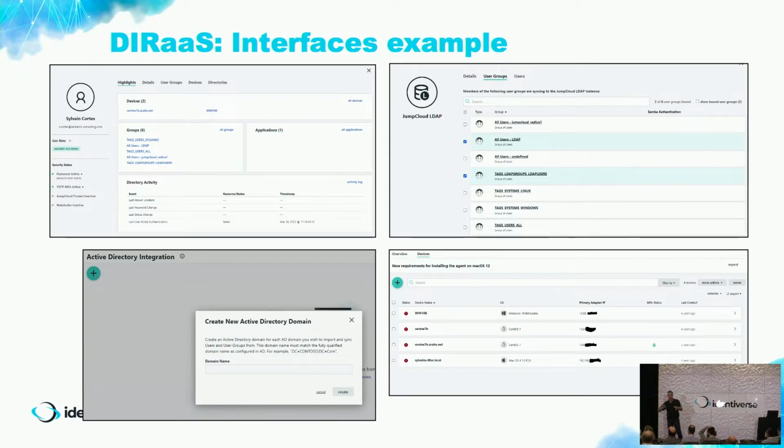You have the ability to do some synchronization, migration between your AD on-prem and your directory as a service solution. And you are able to manage computers. And when I'm saying computers, I'm not talking only about workstations, because workstations are relatively easy. I'm talking about all the different computers you can have. And I'm sure you have a lot of servers running on-prem.